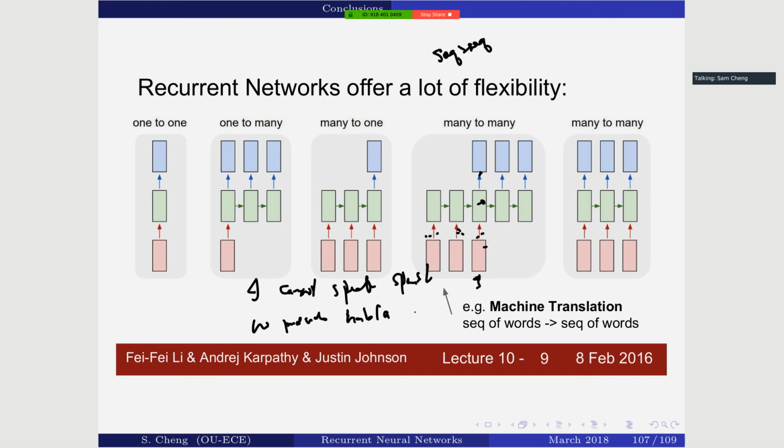I'm not quite sure, probably it's not right. So when I try to do the translation and go along this sentence, when I get to habla, I want to really attend to speak here. Of course my sentence is pretty short, so it does not matter too much, and it looks like a one-to-one correspondence as well.